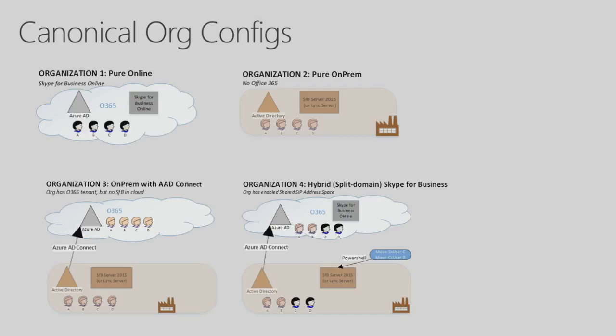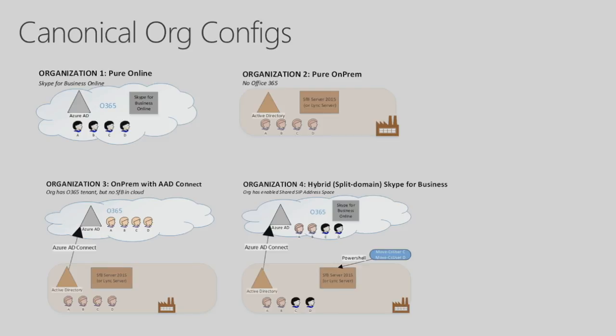Organization 3 is a lot like Organization 2, except they have actually got an O365 tenant, and they have started syncing their directory data through Azure AD Connect into Azure AD. But notice in this case, while this means you have O365, you're not using Skype for Business Online. This could be a common configuration, for example, if an organization went to Exchange Online, but they haven't done it for Skype for Business Online, right?